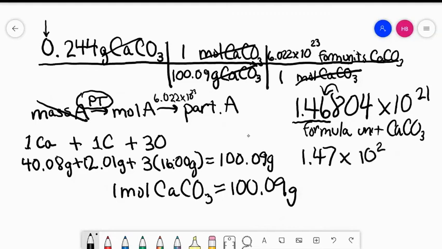I'm going to round up to 1.47 times 10 to the 21st formula units of calcium carbonate. That's going to be my final reported answer. And that's it. We are done with that problem.